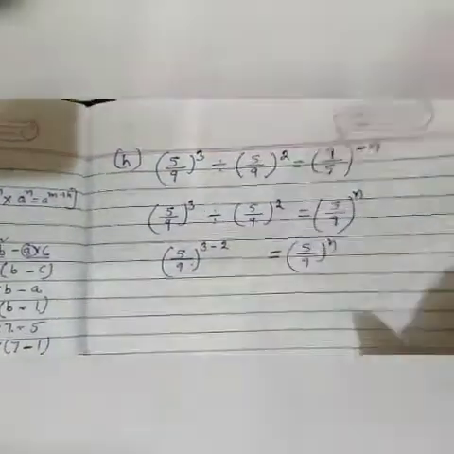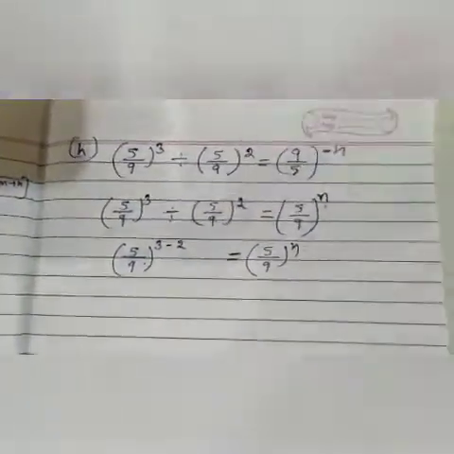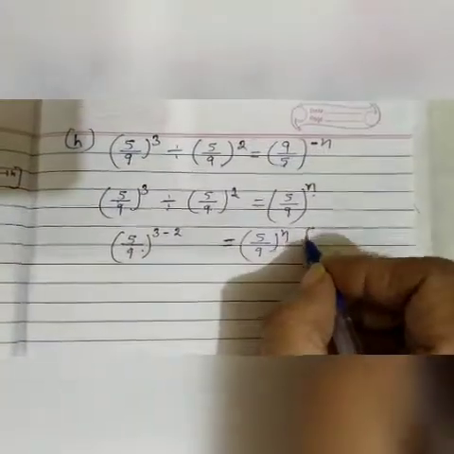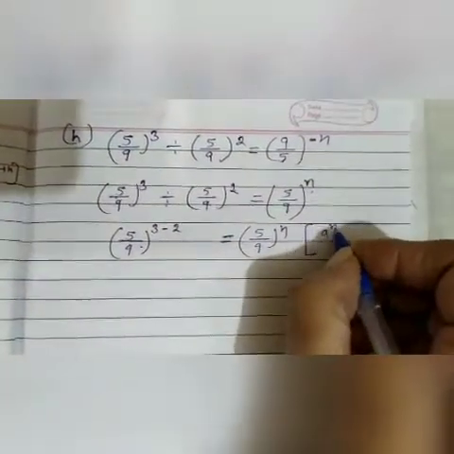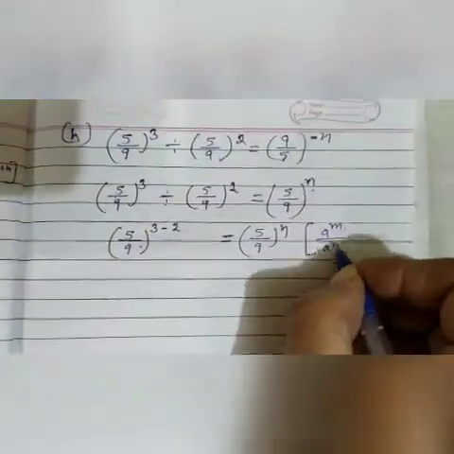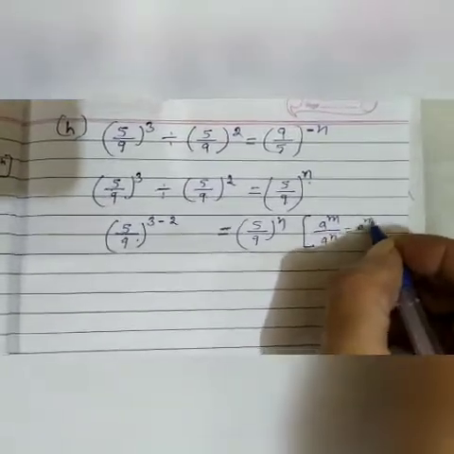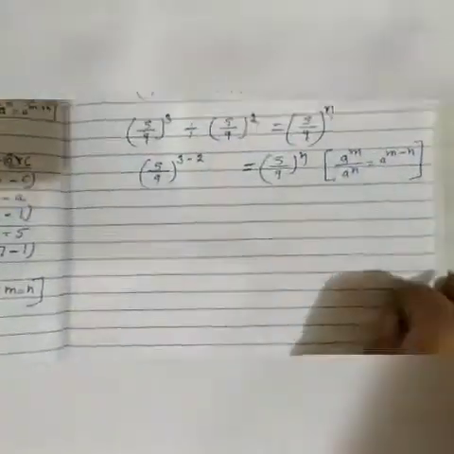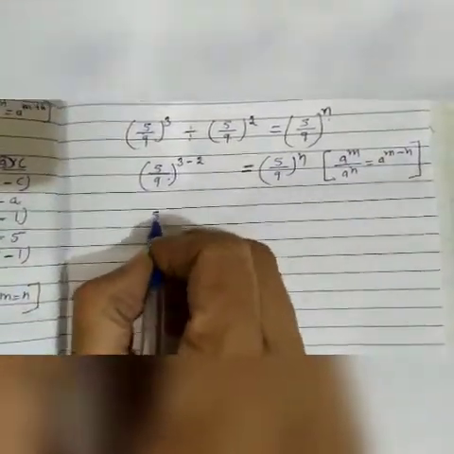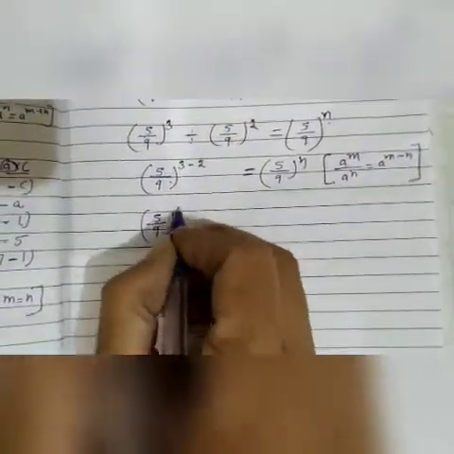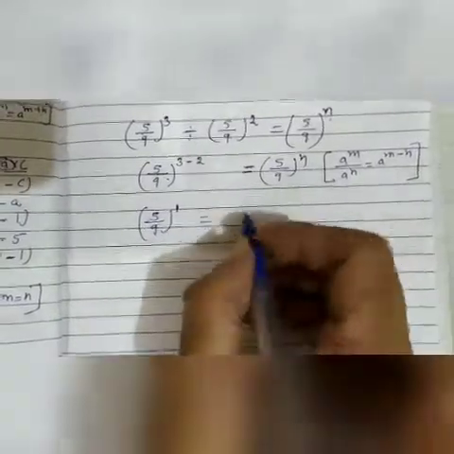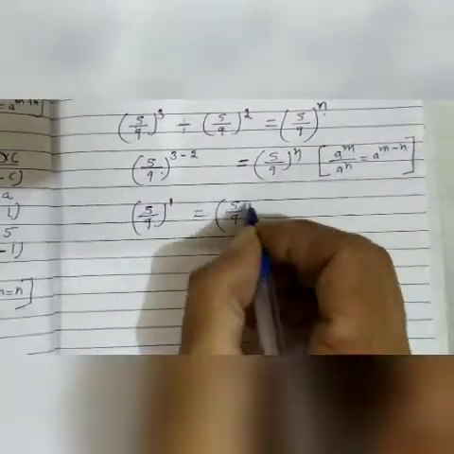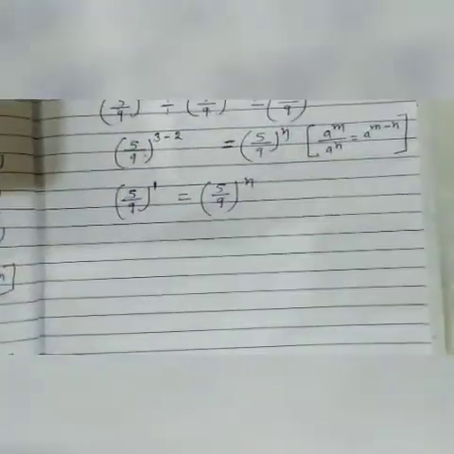Which rule have we applied here? Second one, the quotient rule: a^m upon a^n is equal to a^(m-n). Second rule, quotient law. Now this will be (5/9)^1 is equal to (5/9)^n.